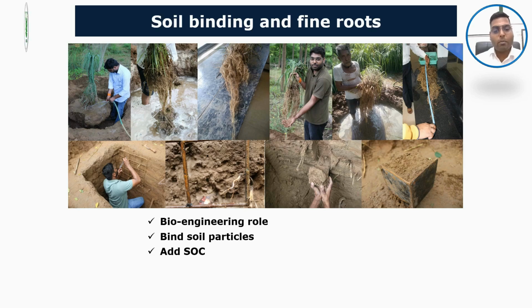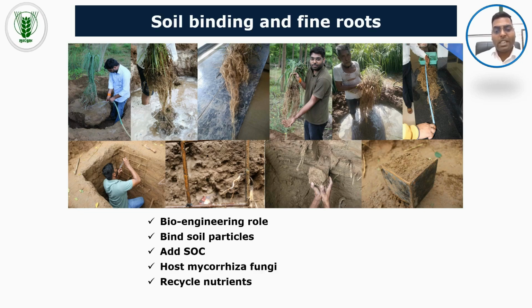They bind soil particles, enhance organic carbon, host mycorrhizal fungi, and recycle nutrients. Lemongrass, with a soil binding factor more than 500, is an excellent stabilizer for the gullies. Thus, vegetation not only restores productivity but also strengthens the soil structures.